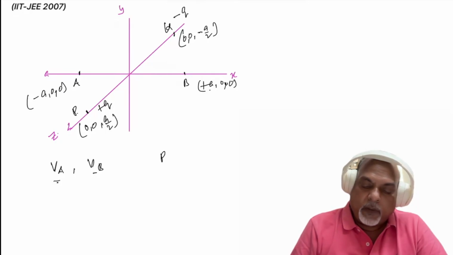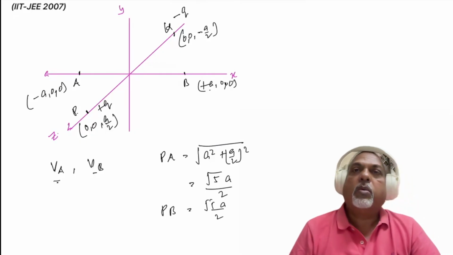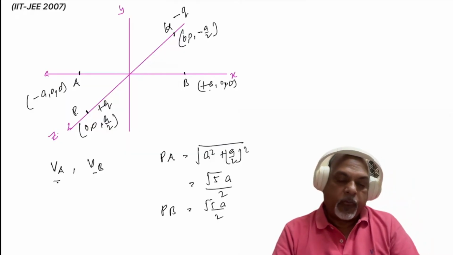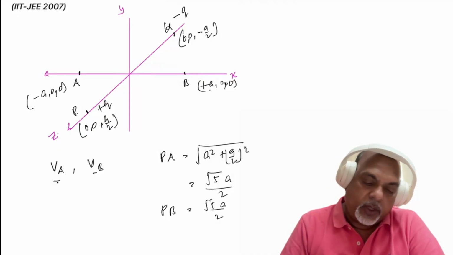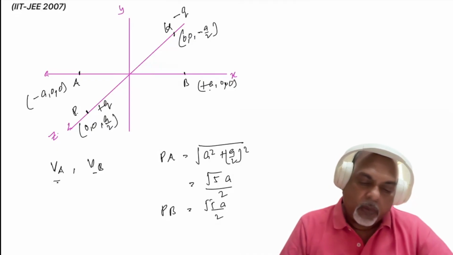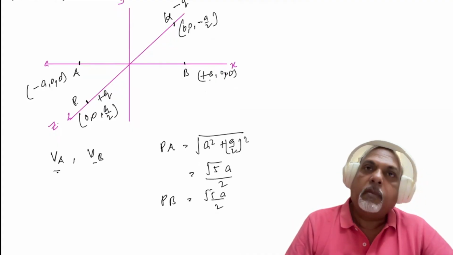So, what is PA? PA you can write as the square root of a squared plus a squared by 4, and this will be basically root 5 a by 2. Likewise, your PB will also be root 5 a by 2. And AQ will also be the same if you find it out. All these distances will be the same.